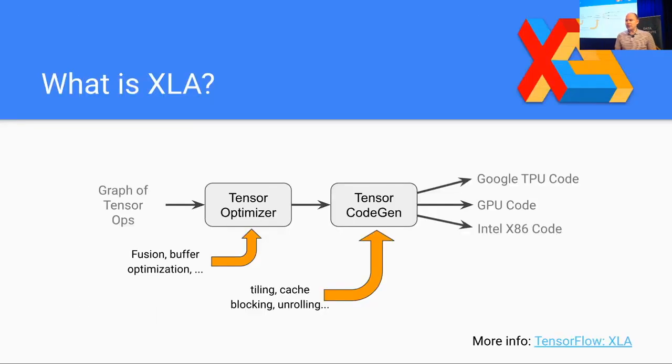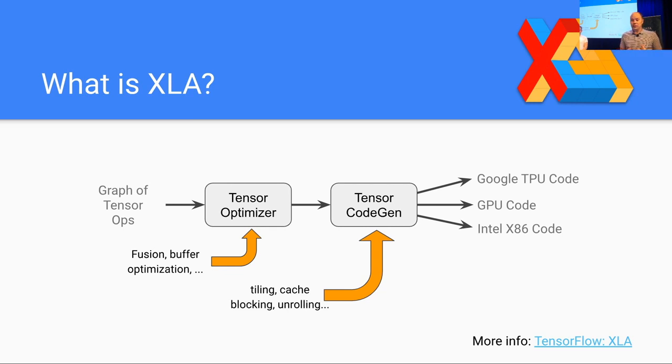So if you want to do that, you'd write a whole new compiler to do this, and it would take years and years of time. But fortunately, there's a great team at Google called the XLA team that has done all this for us. XLA is exactly one of those things. It takes in this graph of tensor operations, so think things like convolutions and matmuls and adds.